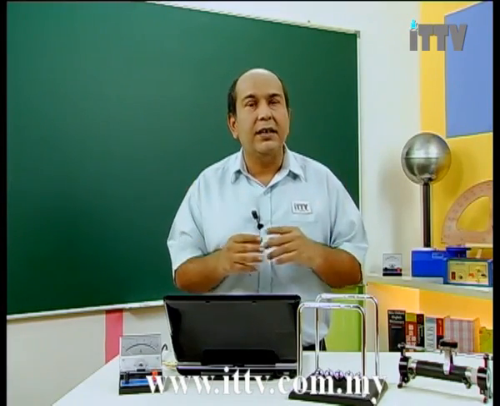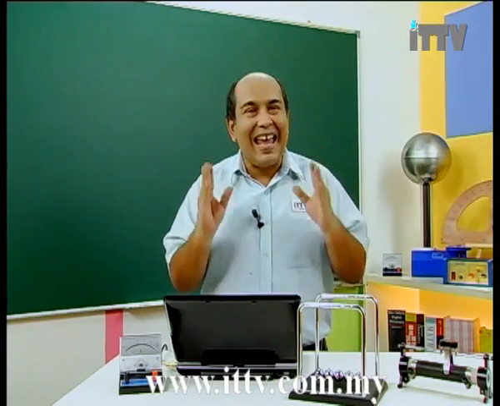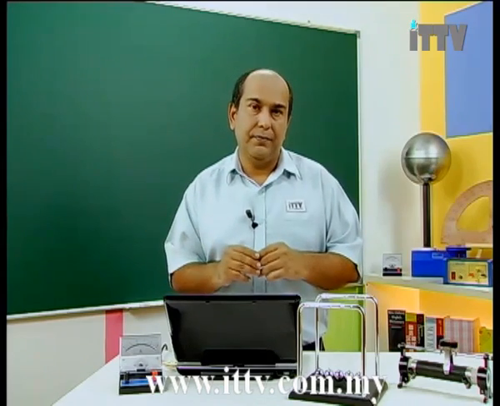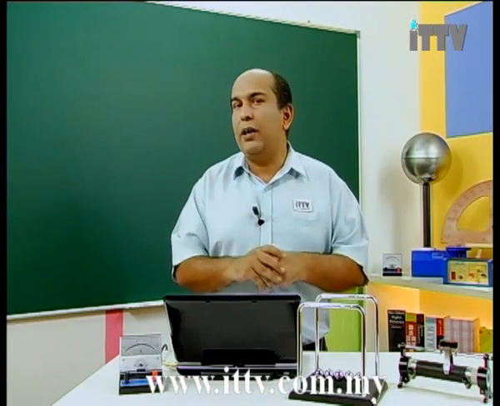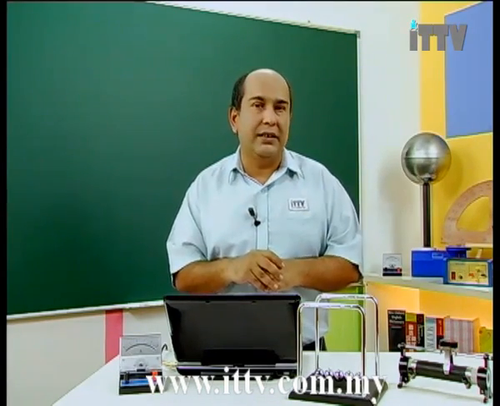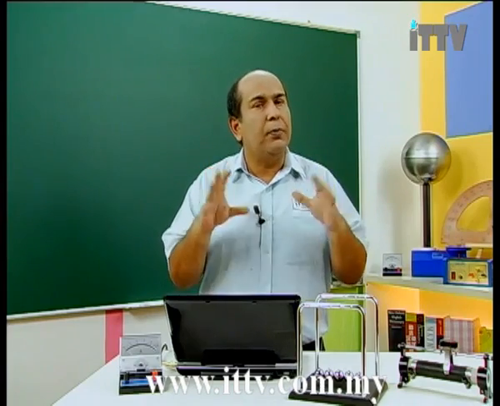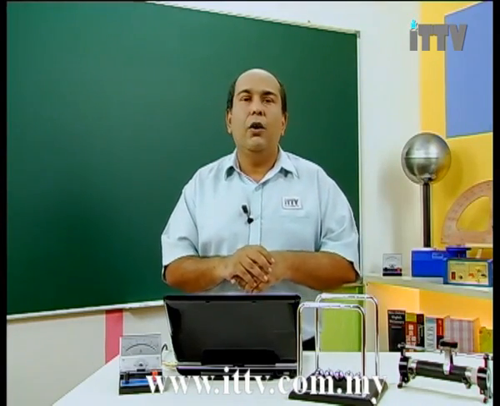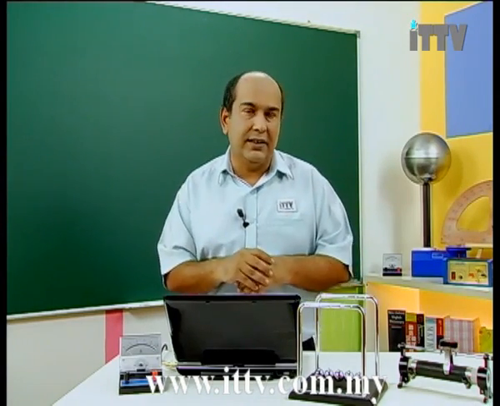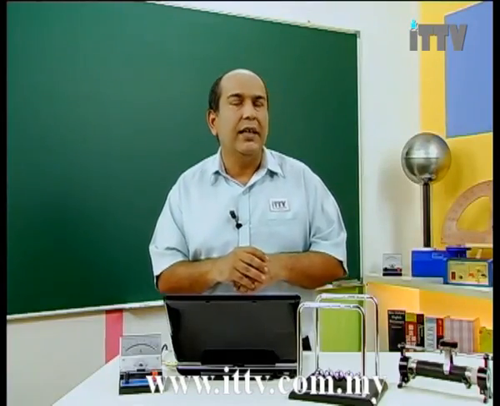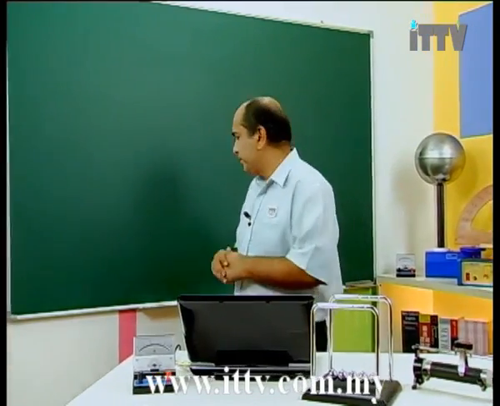Remember, vectors have a magnitude and a direction. Now that we've had a look at both distance and displacement, let's go up to the board and have an example of how to calculate distances and displacements in different situations.